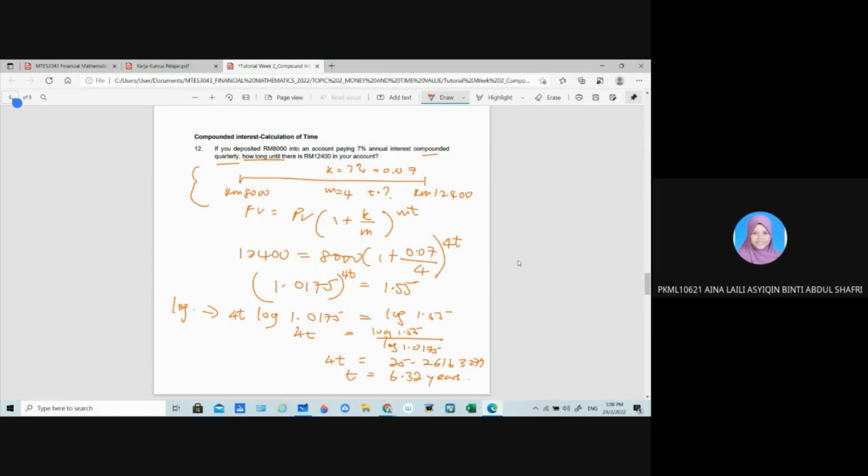If I use division, I get this answer, 25. Did you get log 1.55 divided by, what is your answer? If I use log 1.55 on the calculator, I get 1.3 something. If I use division, I get the same answer as madam. How do you divide? Log 1.55 divided by log 1.0175. That is the way to get the answer.